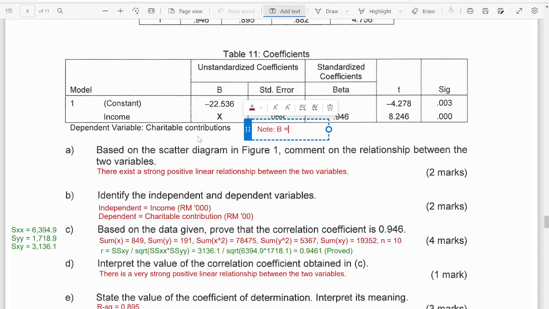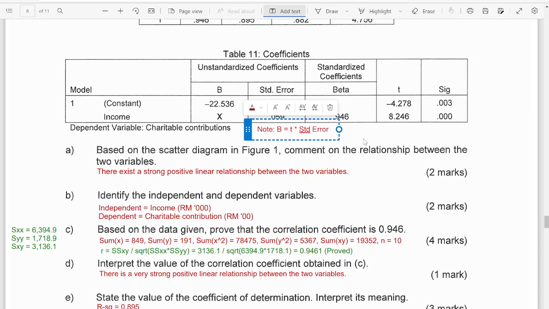B is equal to the T times the standard error. Okay, this is the approximate value.